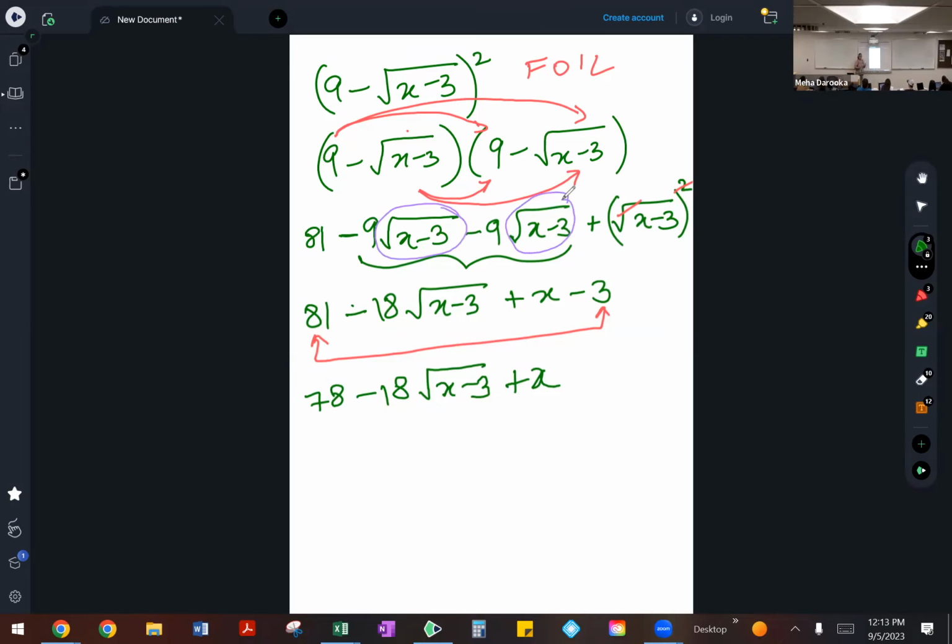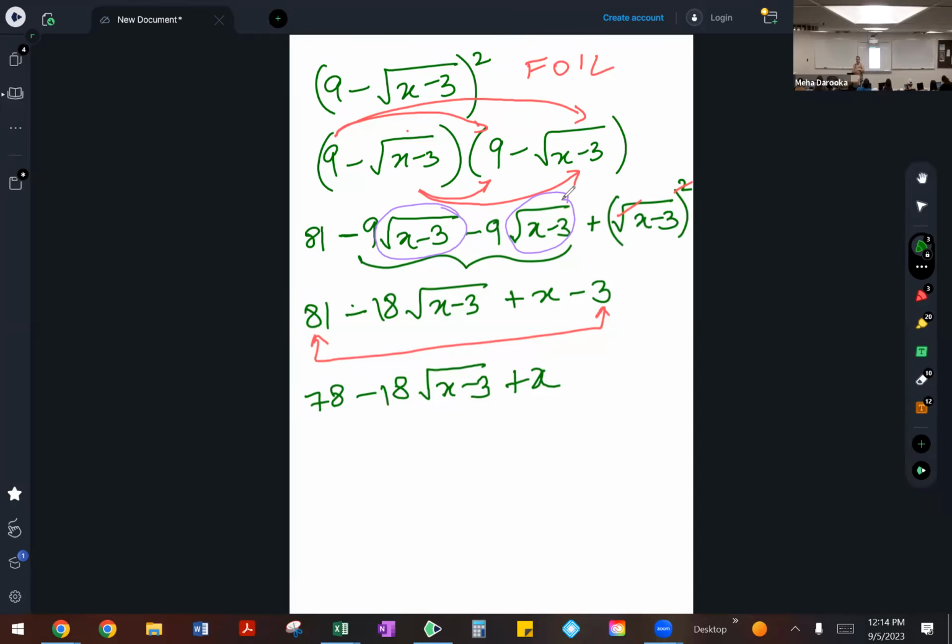It's not changing. So it's the same thing as if you had minus 9x minus 9x, right? We would just combine the numbers in the front, so minus 9 minus 9 is negative 18 and the x would stay as it is. That's the same exact thing we're doing right now with square root of x minus 3, because until those numbers are inside the square root, we can't touch them until we get rid of the square root. And that's going to be coming down the line. We're not quite there.